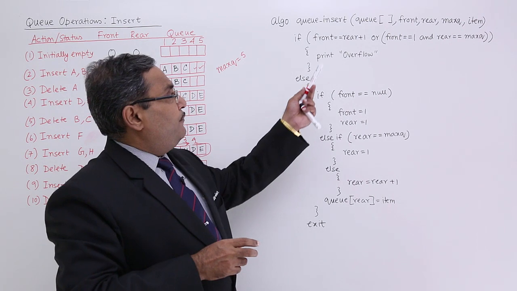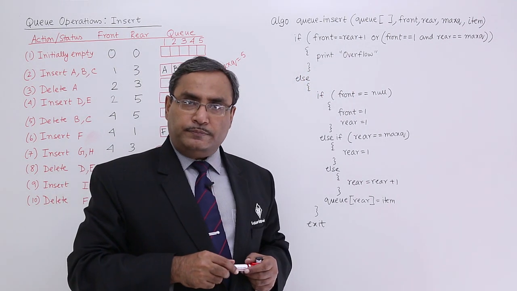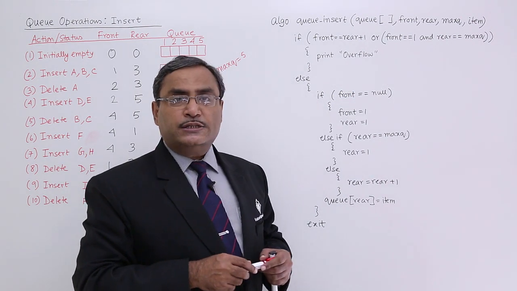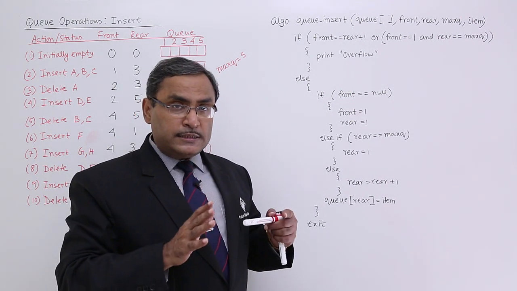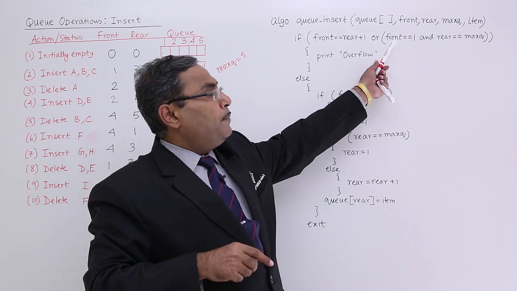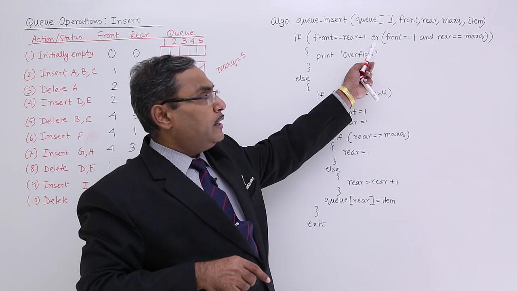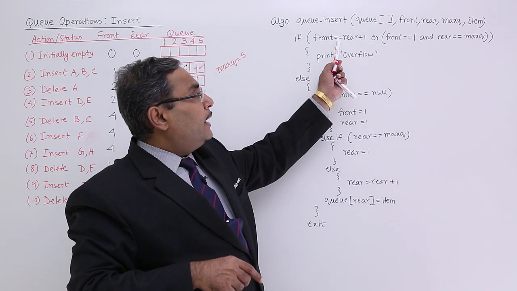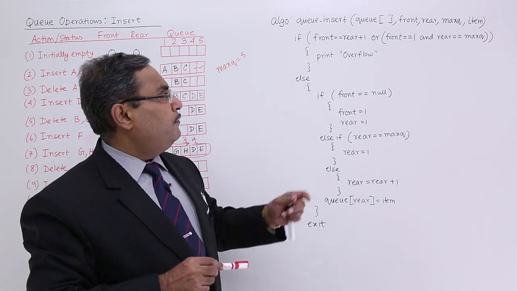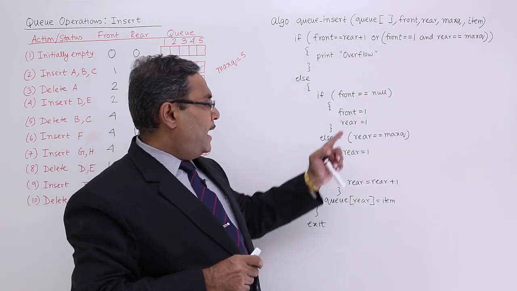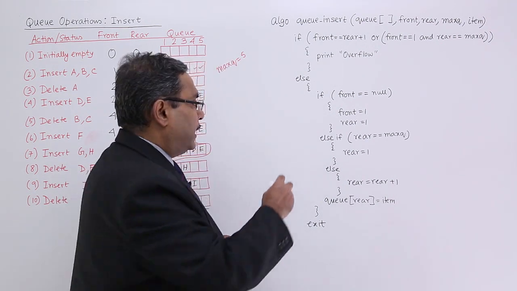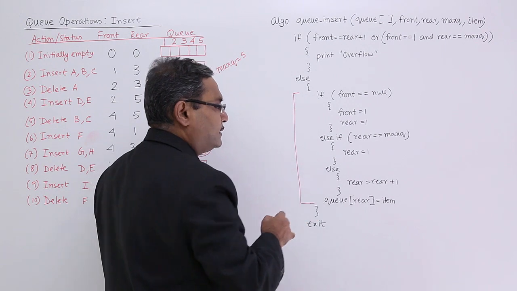Now, if front is equal to rear plus 1, or front is equal to 1 and rear is equal to max q, that means either in a circular way or in a linear way the queue is completely filled up. That is why I put or in between. If the queue is completely filled up, then print overflow and exit, because the rest part is under else.